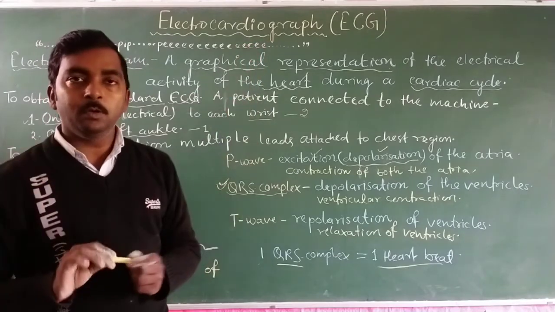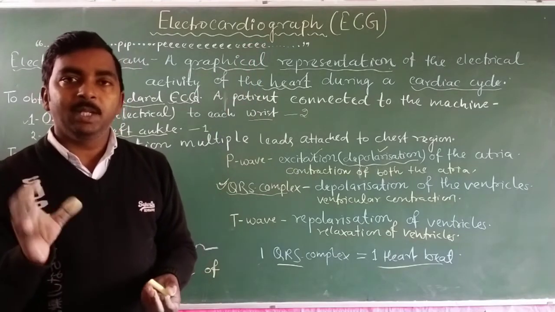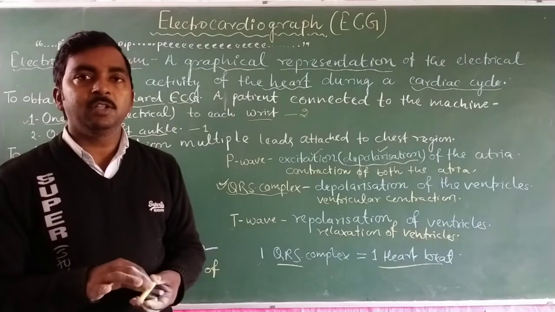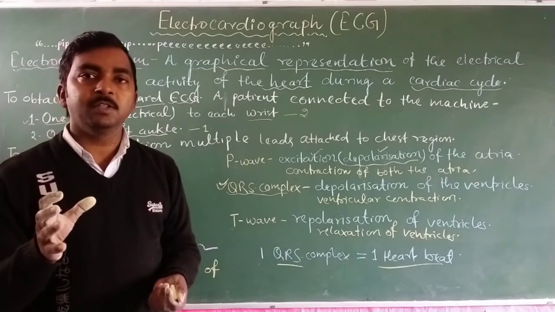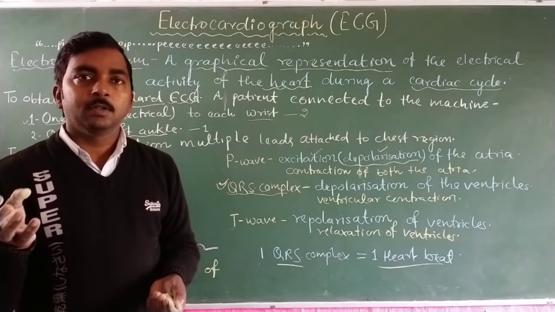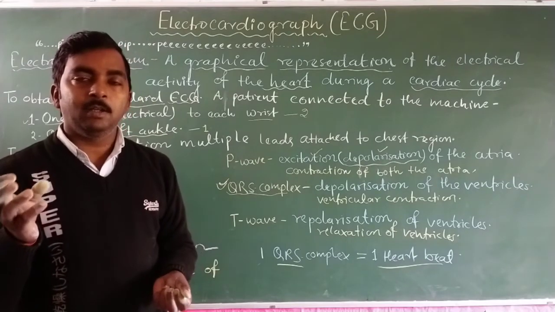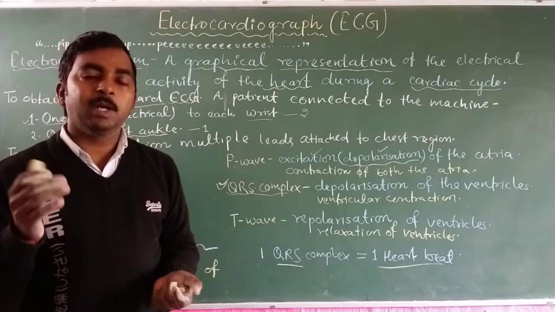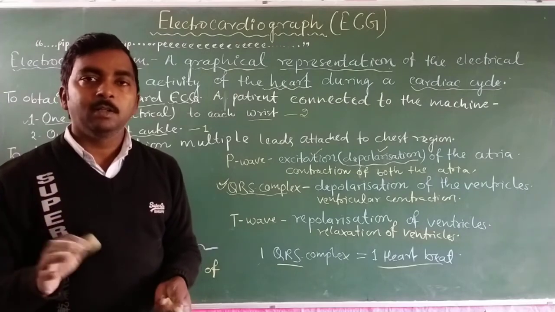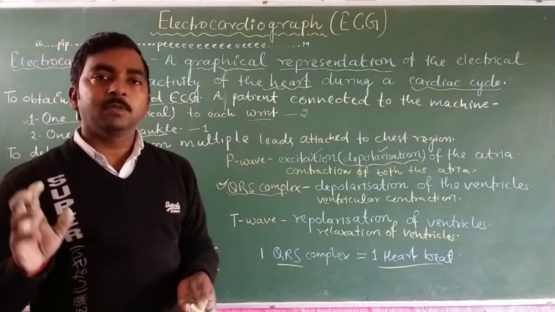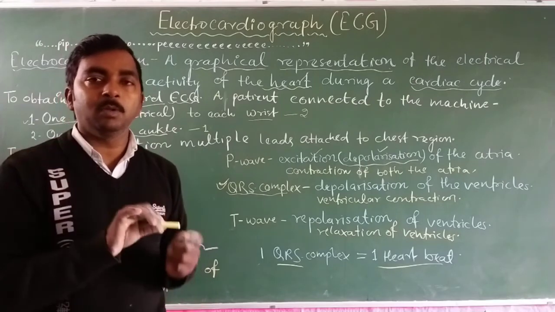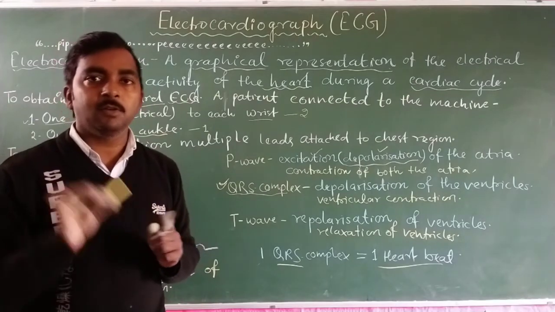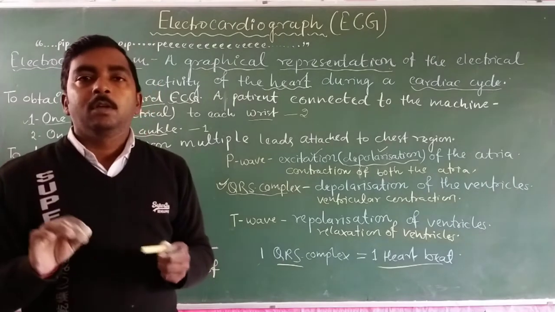So there are two main roles of ECG: to diagnose disease by finding the heartbeat rate, and second, by observing any deviation from the normal diagrammatic representation of the ECG.